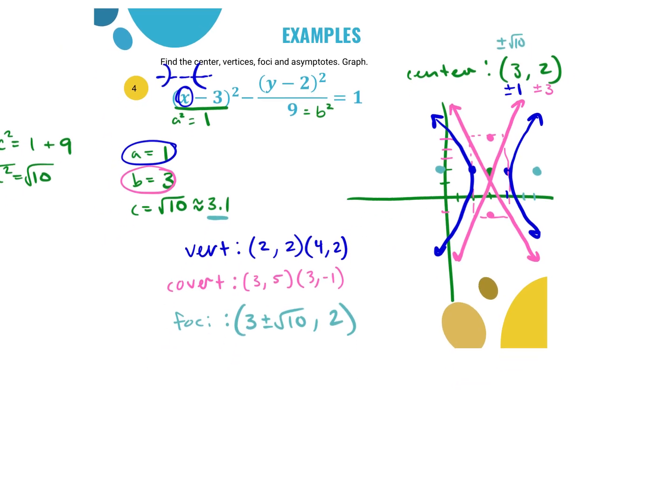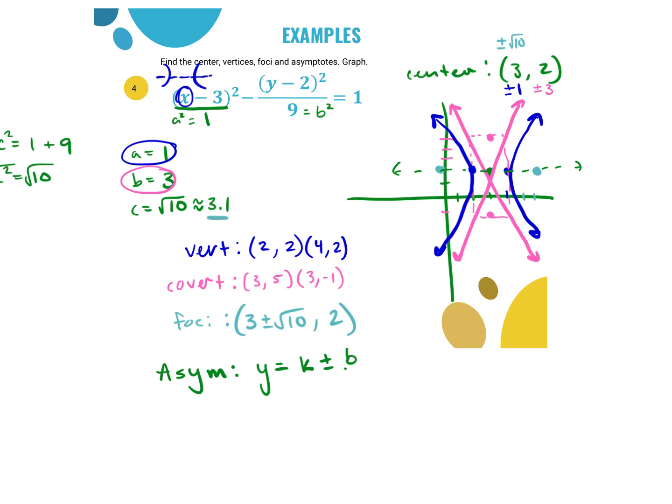And the very last thing we have to write is our equation for the asymptotes. So our equation for the asymptotes is going to be y equals k plus or minus, since it is a horizontal transverse axis here, our equation would go a over b or b over a?